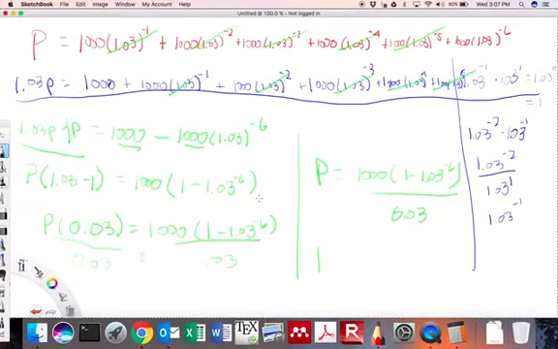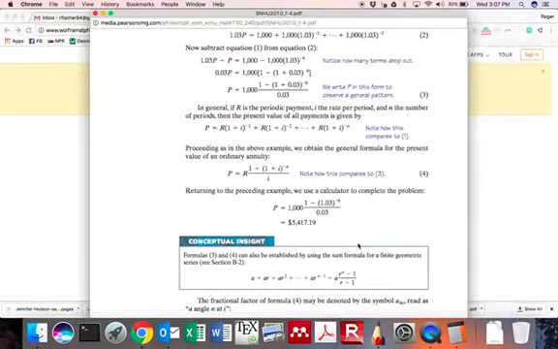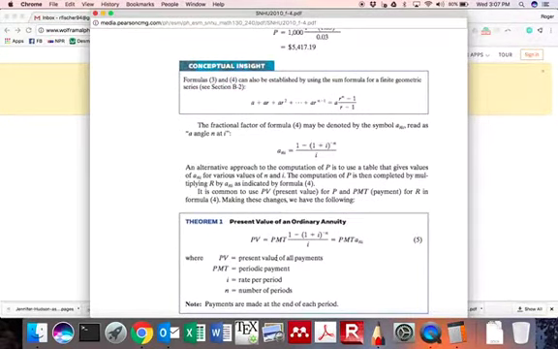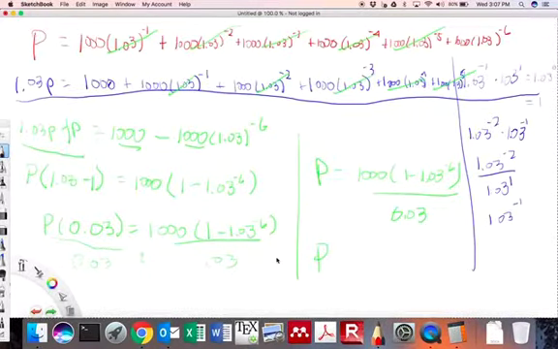So in general, we get P, the present value, equals R, the payment, times 1 minus 1 plus i to the minus n power, all divided by i.